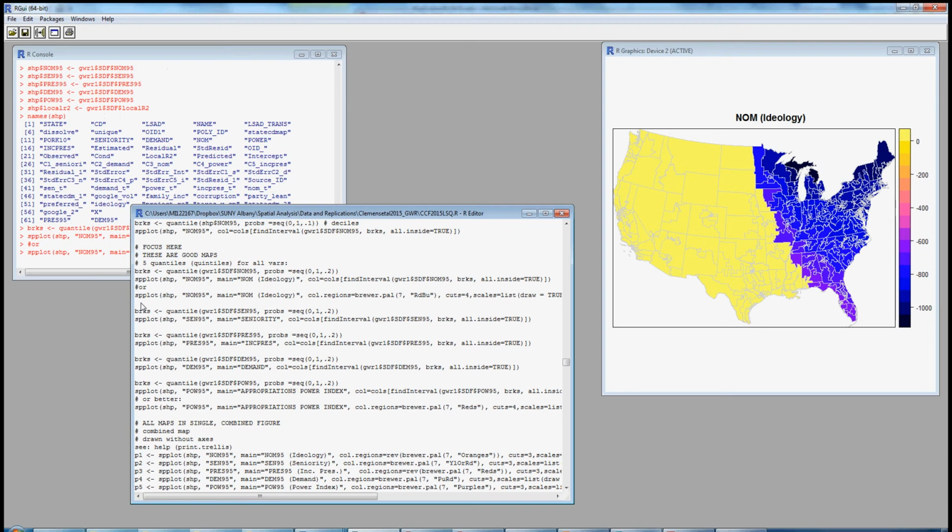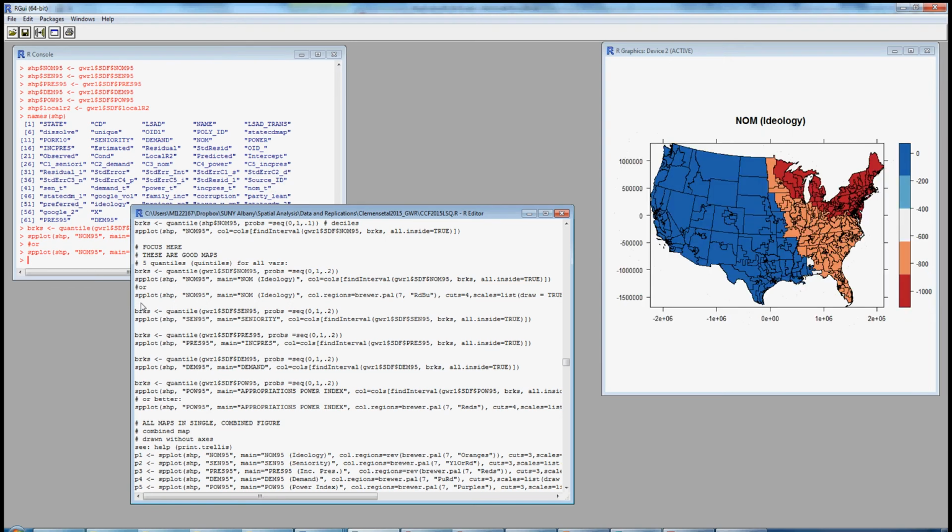Just give it a couple seconds to draw. So that's this map here. And you see we've got 4 cuts here, so we should have quantiles. So we have 1, 2, 3, 4, 5. 5 quantiles. This is a quintile map essentially with our scale.